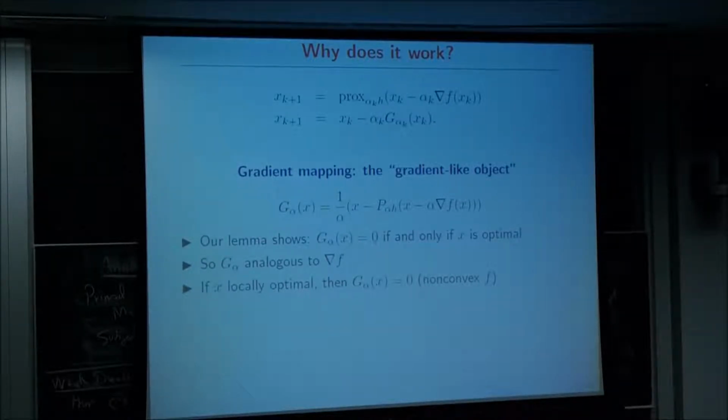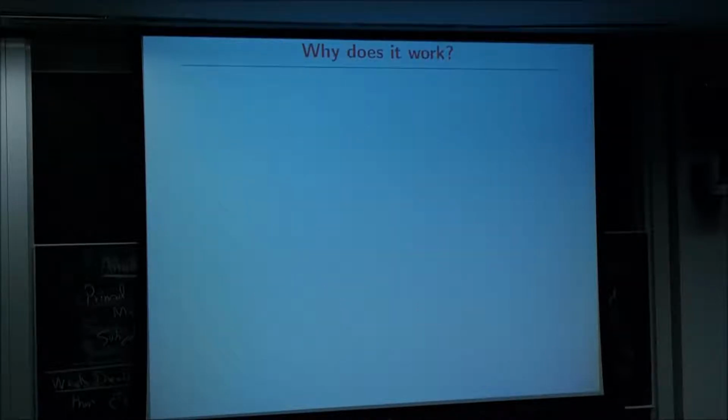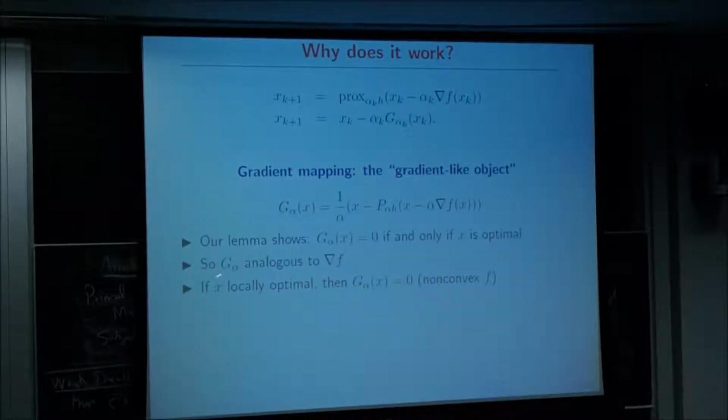One high level idea of which thing might be a good candidate for your gradient mapping is this: when you have an optimization problem, you have several ways of characterizing optimality. We already showed that this equation has to hold at optimality, which means if x is optimal, then that gradient mapping disappears.